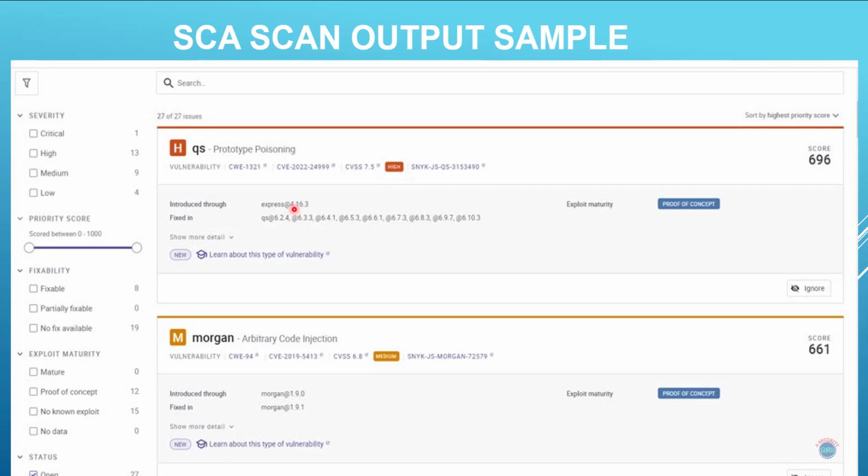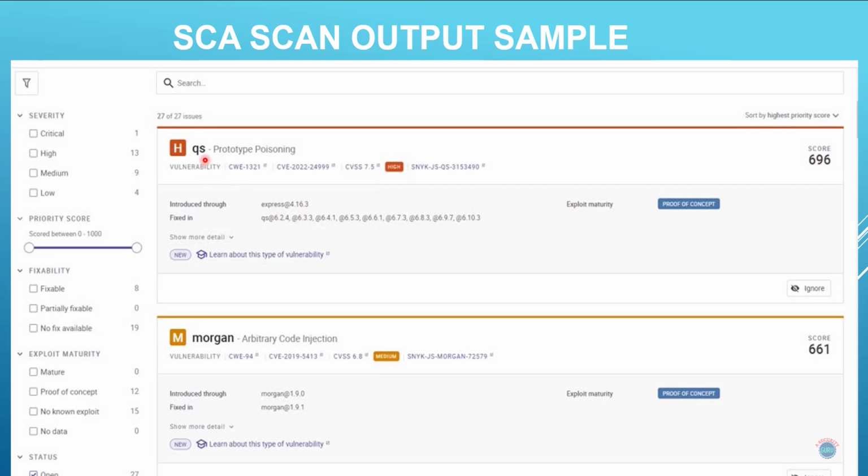So let's understand another concept which is called direct and transitive dependency. Direct dependency is the parent library, which in this case is QS. QS library is using another library which is Express. So Express is a child library. Now in this case the issue has been introduced because of the child library which is Express, and hence this is called a transitive dependency security vulnerability.